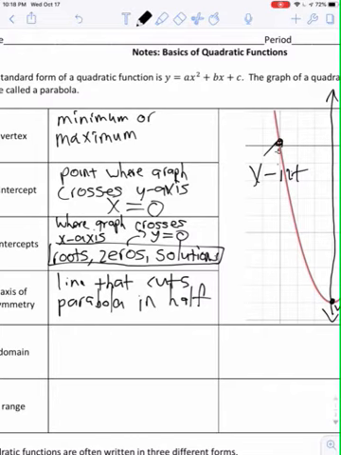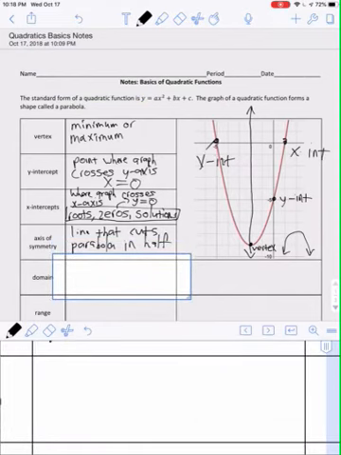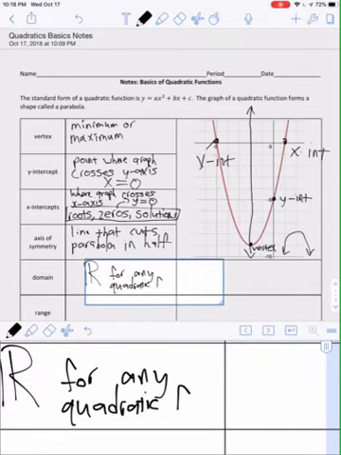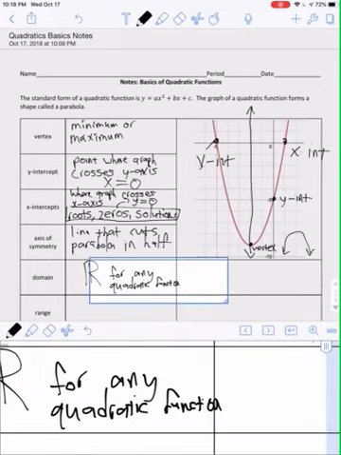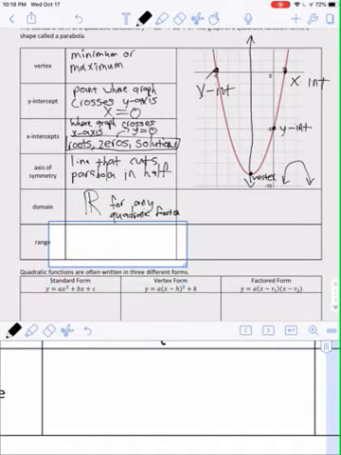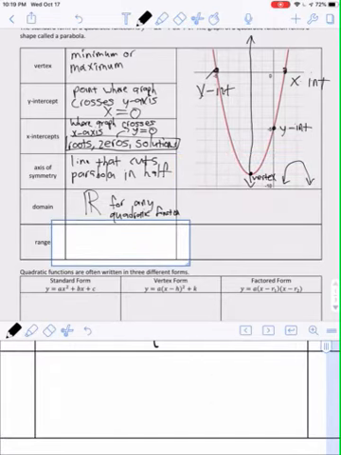So the domain of any quadratic function is always going to be all real numbers. And the range of any quadratic function is, so a quadratic is either going to have a minimum or a maximum y value.